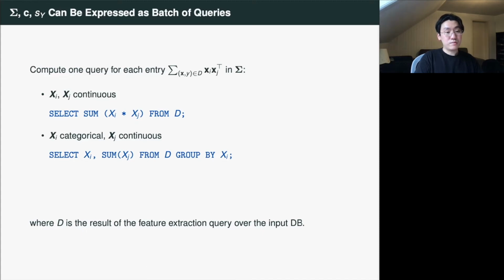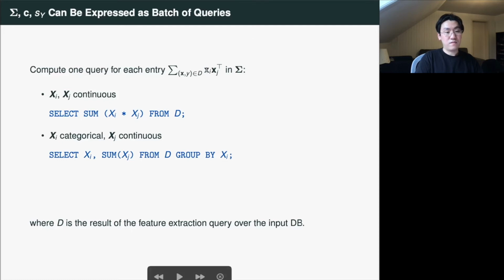We need to use one-hot encoding for this categorical attribute, so the value xi is not a scalar, but a vector with the size of the number of cities in the dataset. In other words, the size of the domain of the attribute city. And in this vector, all values are 0 except the value for London is 1.